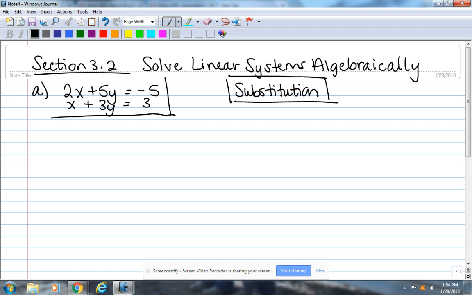If you look at this system, I have 4 variables, 2 X's and 2 Y's. The easiest to get by itself is this X right here. Why do you think that one's easiest? Because it doesn't have a number with it, so it's the simplest X to be by itself.